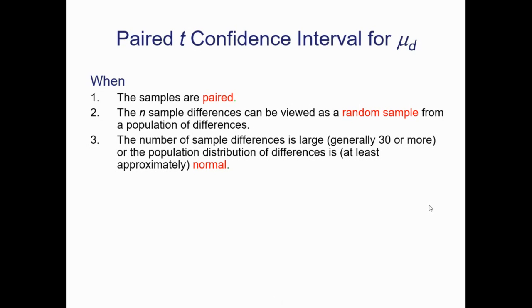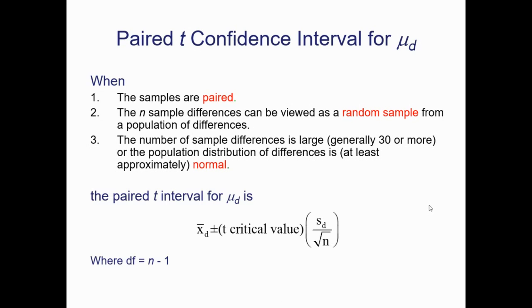When all that occurs, then we can use the paired T interval for the differences. Again, this, remember, is just T crit. So AP, you may want to make sure you at least get this formula down because you'll probably have to do some confidence intervals, where our degree of freedom is n minus 1.